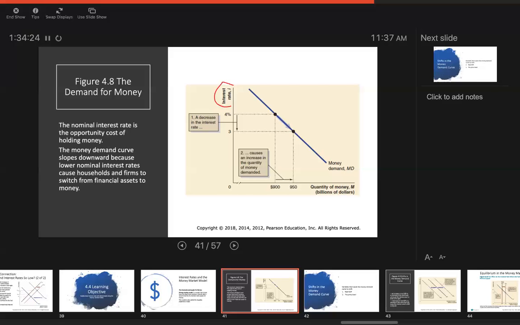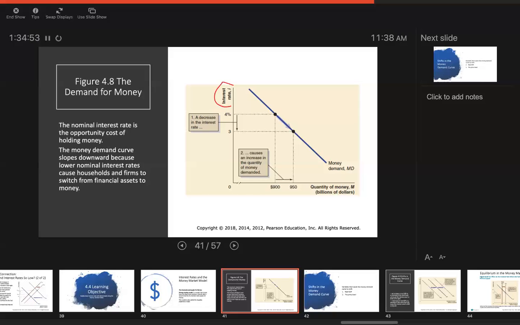When the interest rate is high, you're losing a lot of money by keeping it as cash. But when interest rates are really low, the demand for money is really high because you're not losing a lot of money, and people have a preference for liquidity. If you're going to give me a 0.0001% interest rate for parking my money in your bank account for 2 years, I would much rather have it in the form of cash, because the cost of liquidity is marginal.